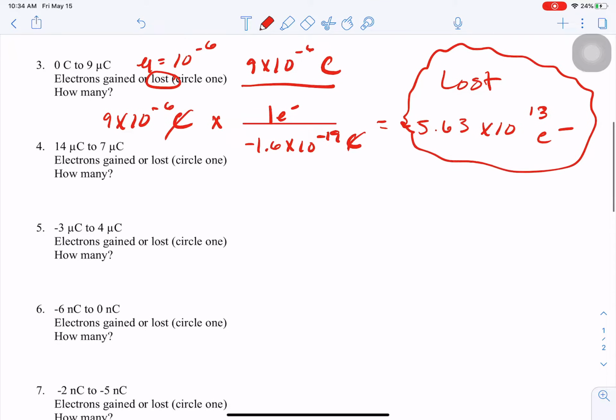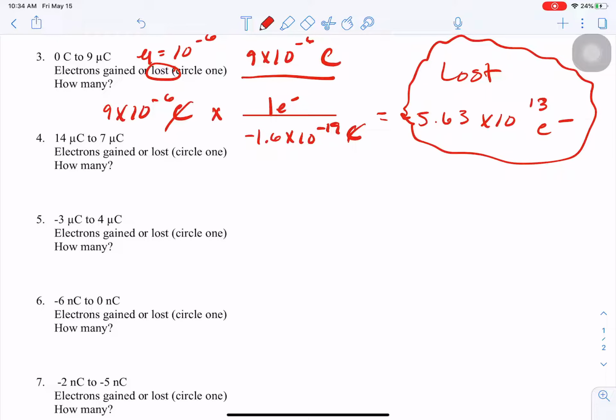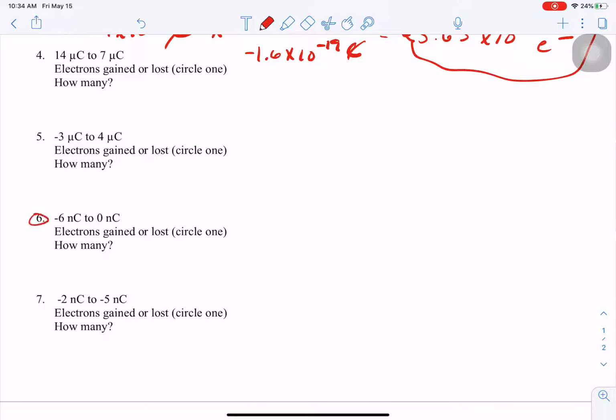Let's move on. Let's do something with nano. Let's do number 6. It goes from a negative 6 nanocoulomb charge to 0 nanocoulomb charge. Now, nano is 10 to the negative 9th. So it moves from negative 6 times 10 to the negative 9th to 0 times 10 to the negative 9th, which is obviously 0.